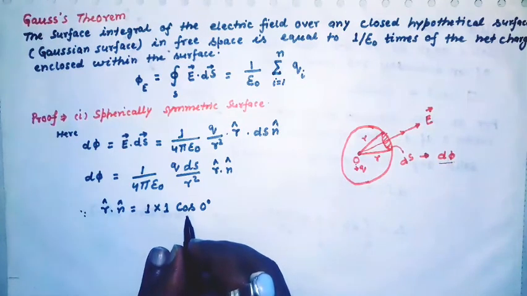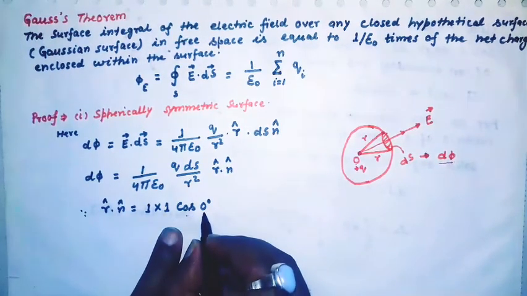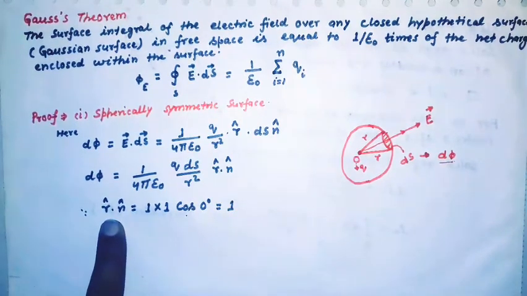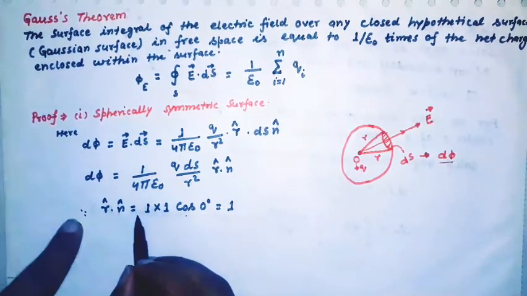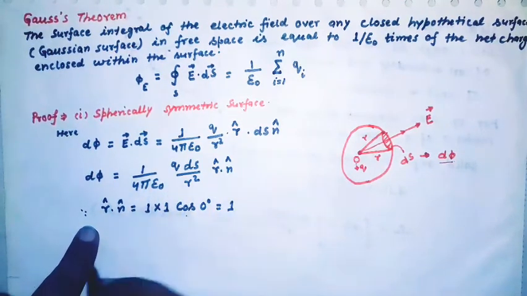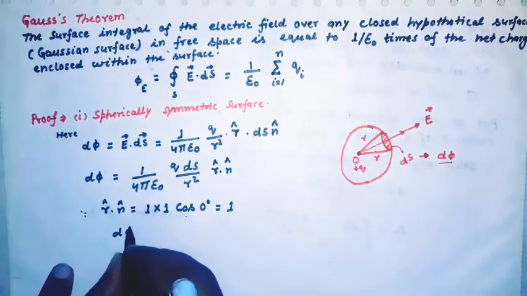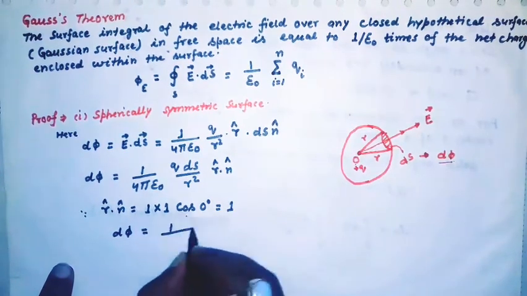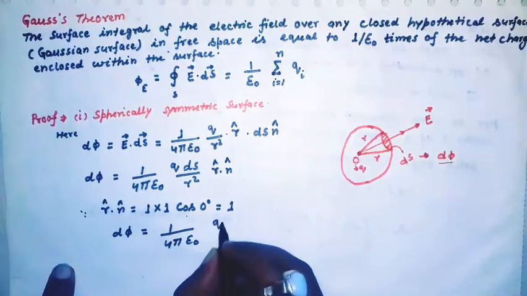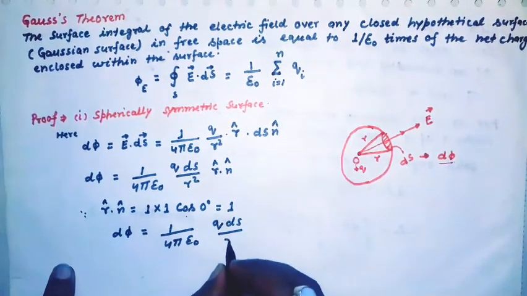So cos 0, and the value of cos 0 is 1. So this quantity will turn to 1. Now put this value equal to 1 in the above equation. We will get d phi equal to 1 upon 4 pi epsilon naught q ds by r square.